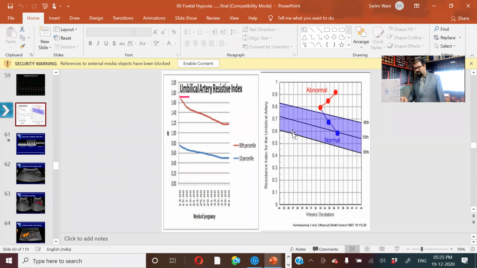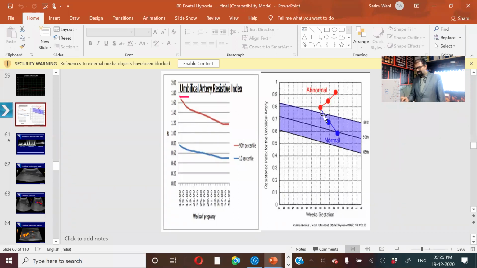Now see, this is normal, but you are not paying attention to this. This is abnormal. Here, everything is covered. Red is abnormal. Abnormal with normal. So this is normal, this is normal, and this is abnormal over here.